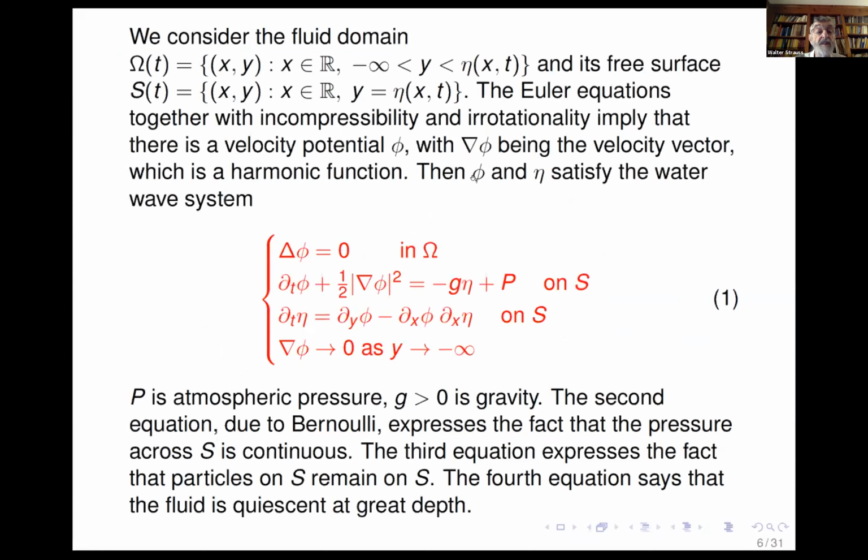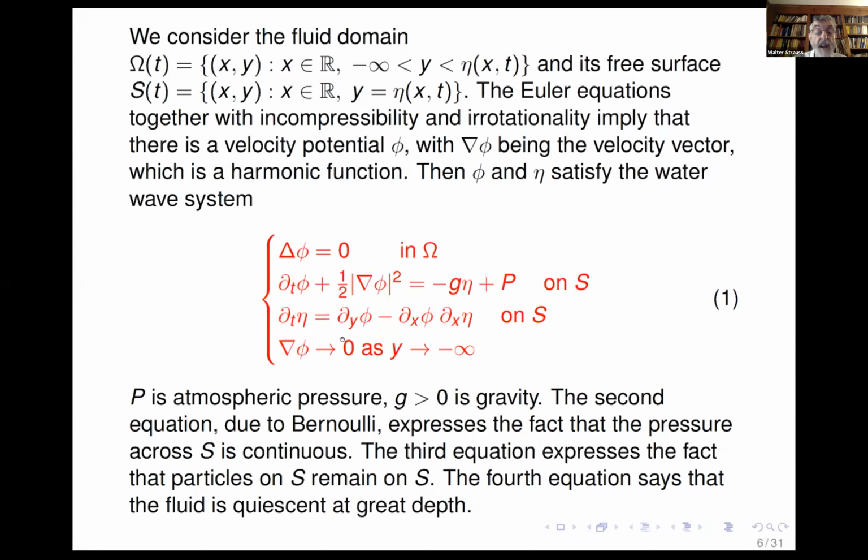So we have a fluid domain omega. It's this system written in red. Phi is the velocity potential. It's harmonic under the assumptions of incompressibility and irrotationality. And on the bottom, I'm assuming now the bottom is infinite in this lecture.